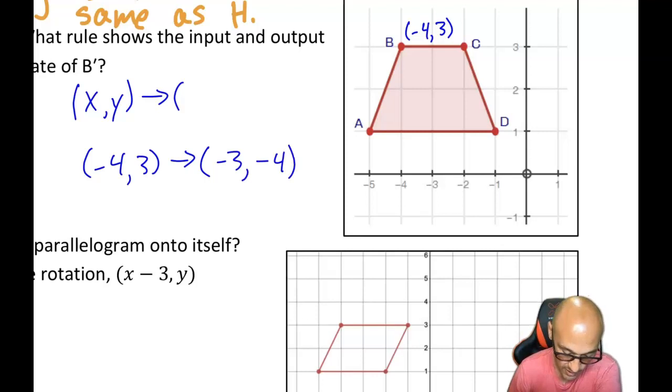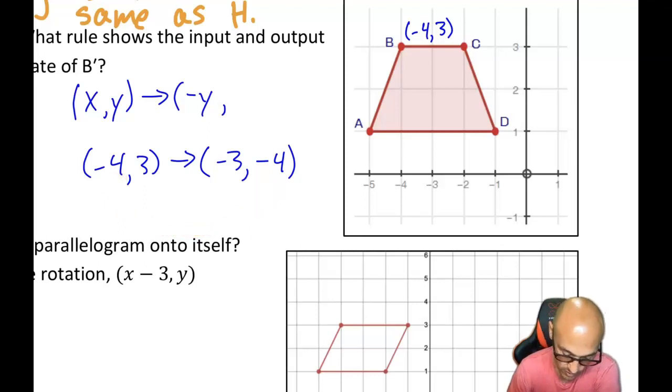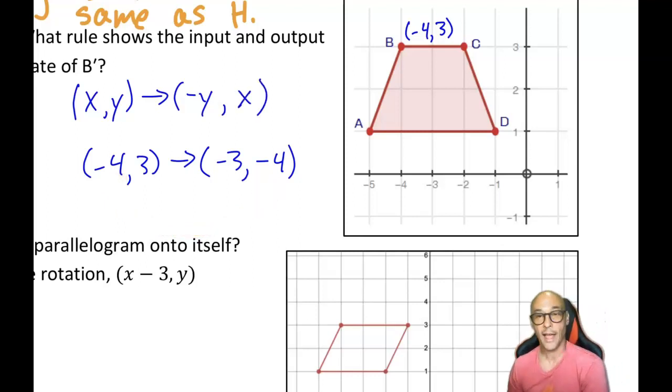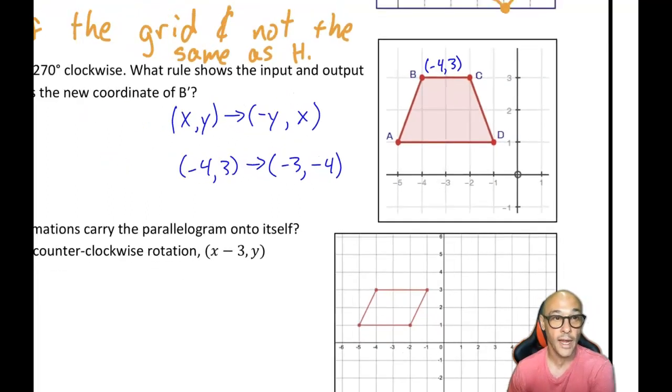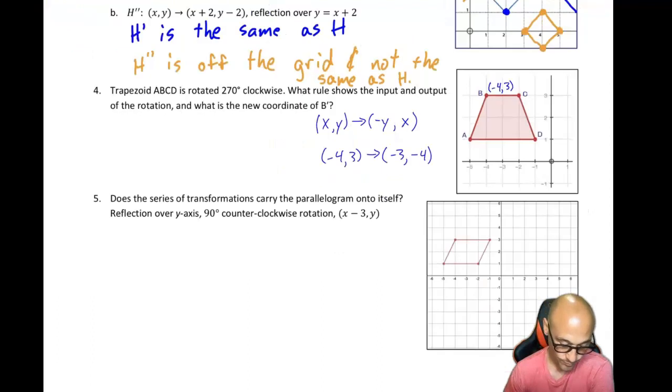So notice that the y value moved into the x position and became negative, and the x value moved into the y position. And that is the rule for a 90 degrees counterclockwise, which is the same as a 270 clockwise rotation.